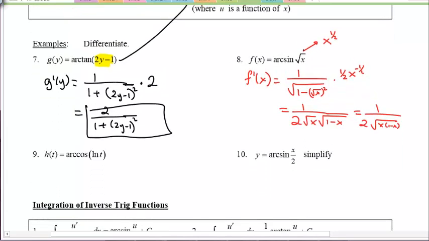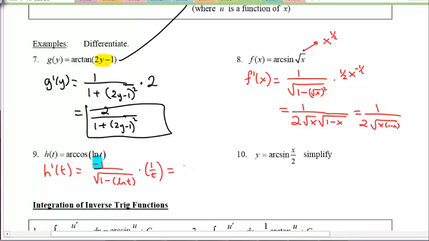Number 9, arccos. So 1 over square root of 1 minus natural log of t. Notice I made a mistake. Arccos is actually negative, so don't forget that. And then the derivative of the natural log of t is just 1 over t.